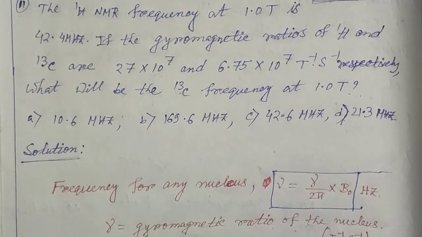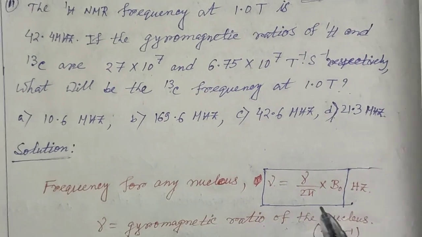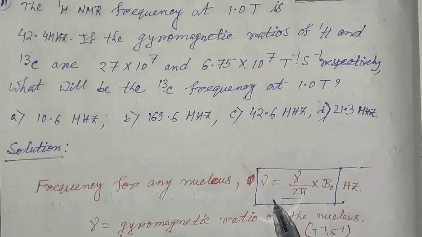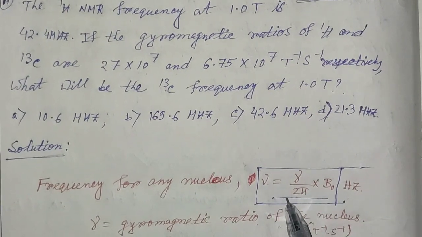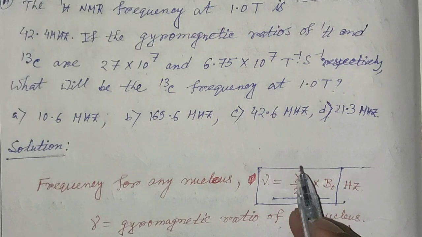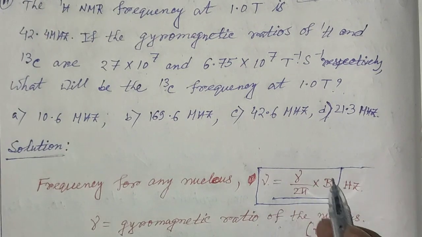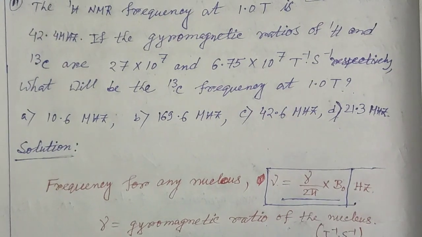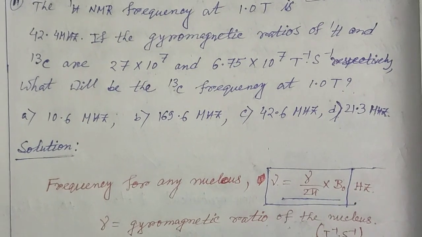Now to solve this question, we have to remember this formula. It is a very important formula. The question comes mainly depending on this formula, so we have to remember this one.